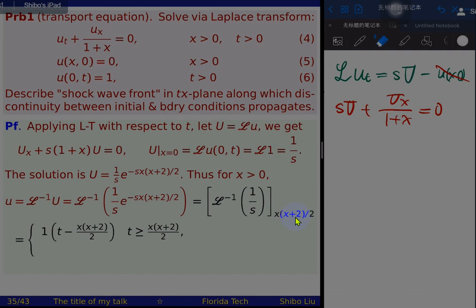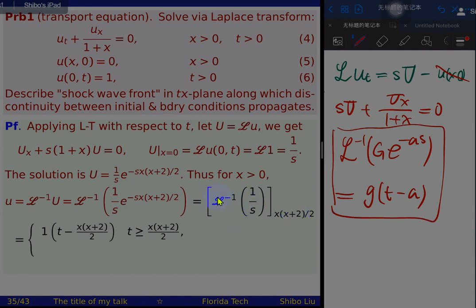Look at the Laplace transform table in our textbook. We have the inverse transform of G(s) e to the minus a s equals small g(t minus a). That is this property.